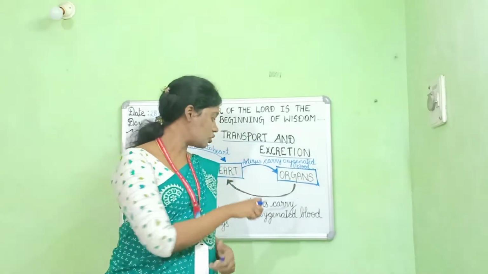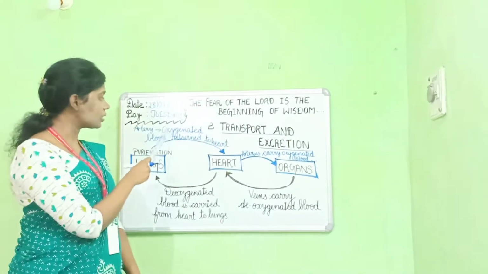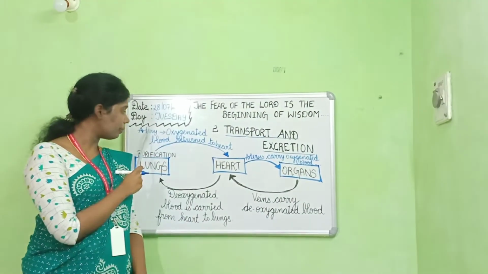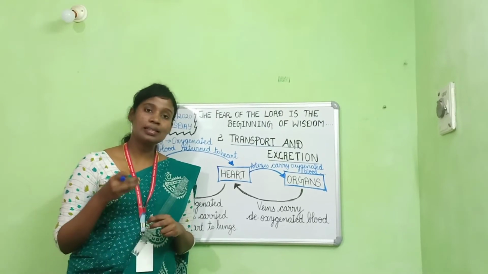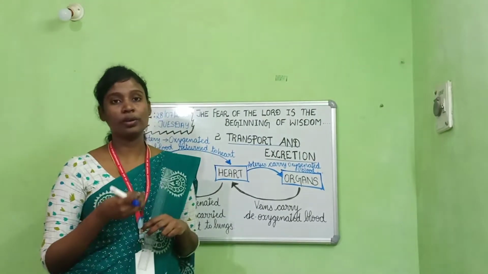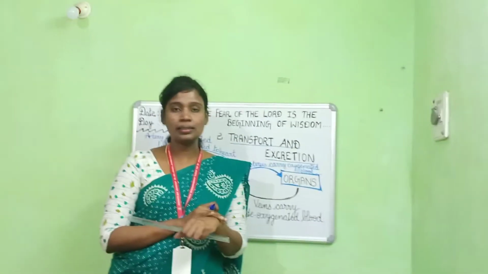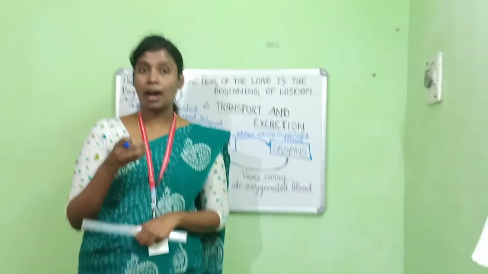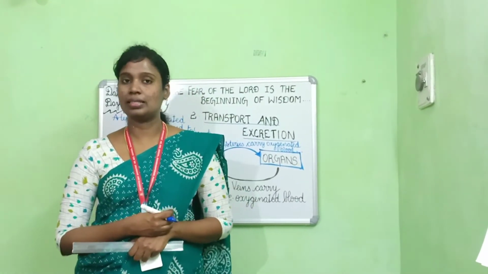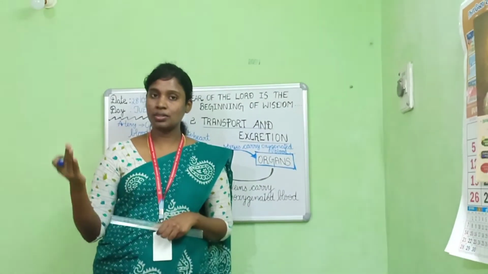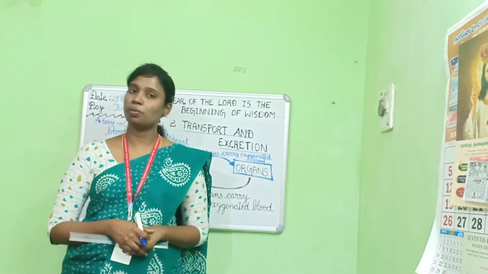So deoxygenated blood is carried by the veins, and oxygenated blood is carried by the arteries. In our body, the veins are located superficially. Superficial means they lie under the skin, whereas the arteries are located deeper inside the muscles. So remember, the arteries are located deeper, whereas the veins are superficial.